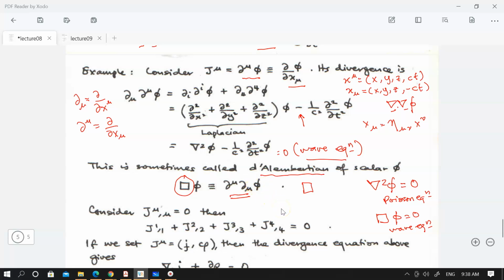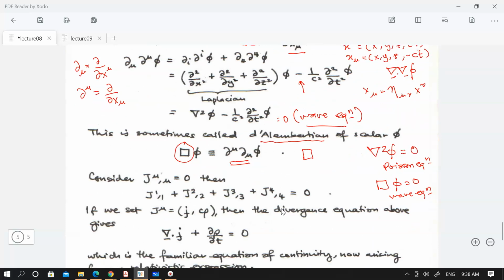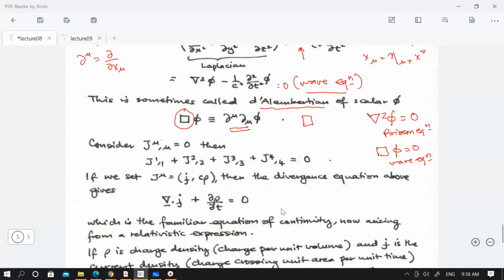The other thing that one should also note is that if you have this divergence, for example, equal to 0, I can just simply write down the summation over mu here. So I just get that. But what is this? If I write your j^mu to be this vector, the three-dimensional vector j, and then this fourth component for the time being we'll just write as 0.